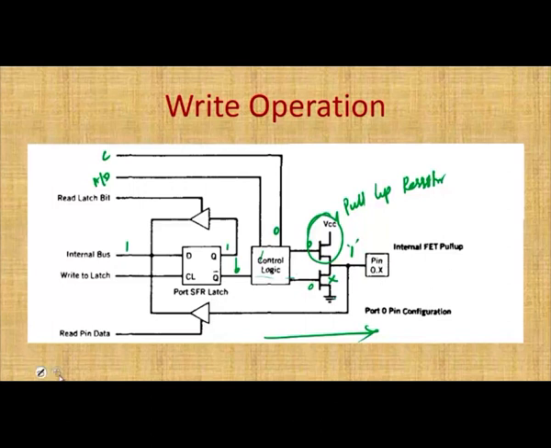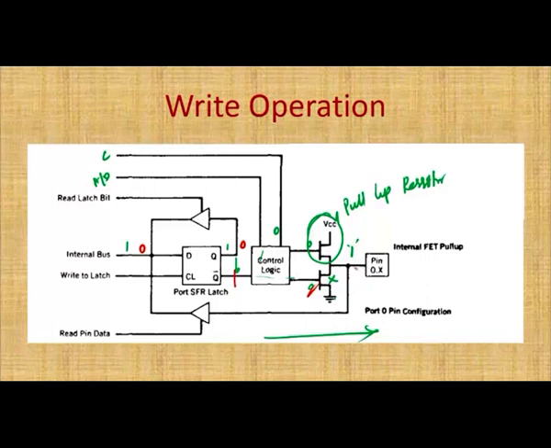Suppose you want to write the value 0, then you write the value 0 here. Now you get the value of 0, and Q bar is 1, because the flip flop generates both Q and Q bar signals. Because of 1, this transistor will be on.